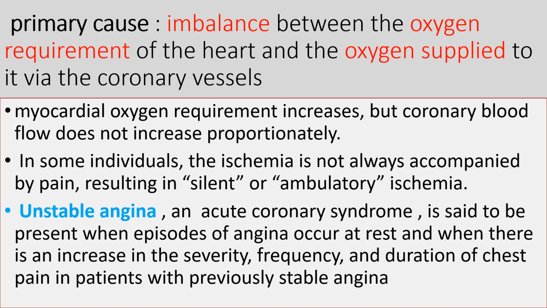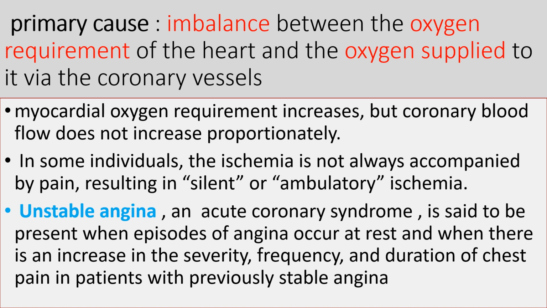Now, there are certain other conditions in which ischemia does not always present as pain, rather it results as a silent or ambulatory ischemia, and the only thing you notice is ECG change.